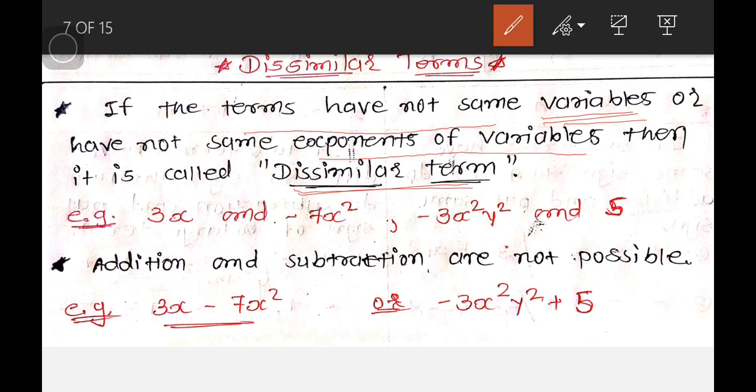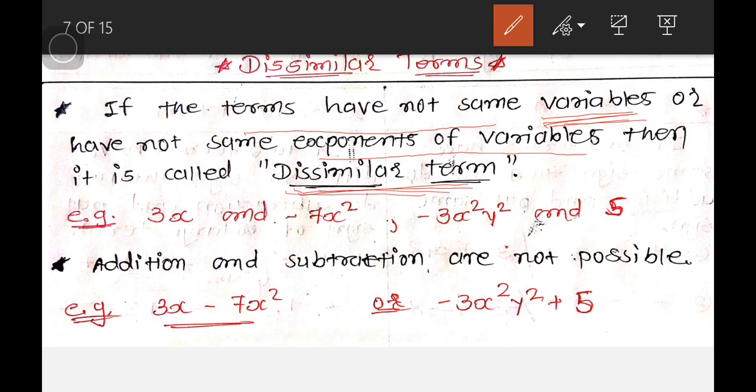So note that if the given terms do not have the same variables and exponents of variables, then they are called dissimilar terms.